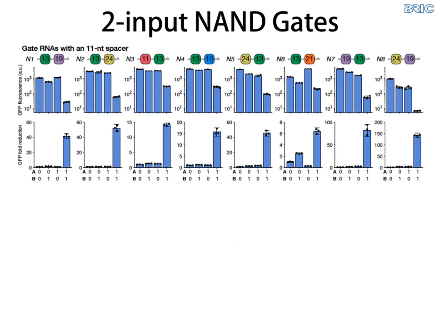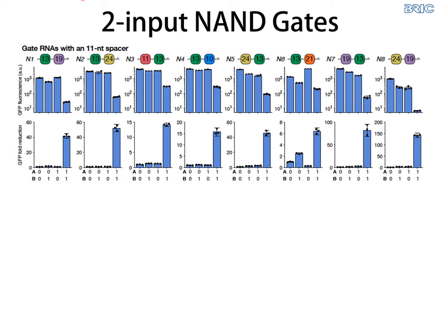And what was important to us is that you can swap the order of these gates pretty easily. Let's say you have 13 and 19, this is just a numbering of the index from the library. Or 13 and 24, 11 and 13, 13 and 10. There are a number of combinations that you can use as a two-input NAND gate, and those were mostly functional. Some of them are better than others, but what's important is it was mostly functional.